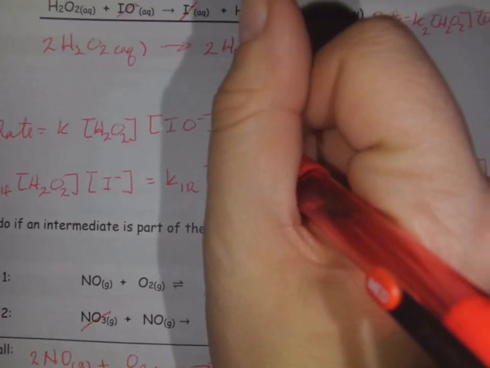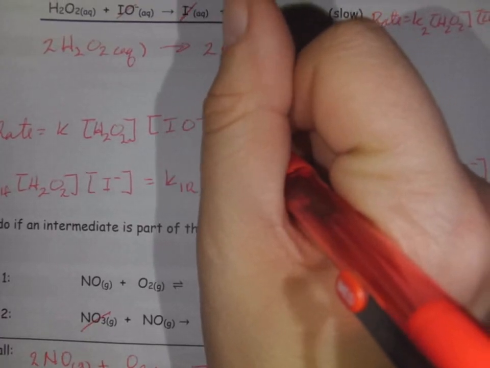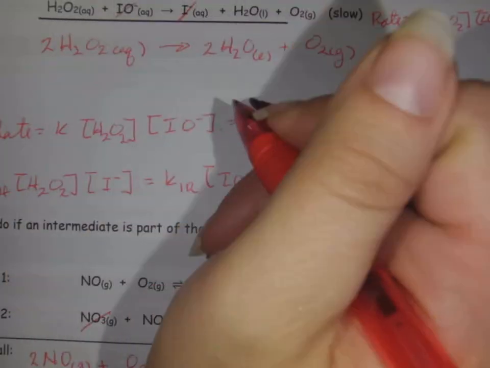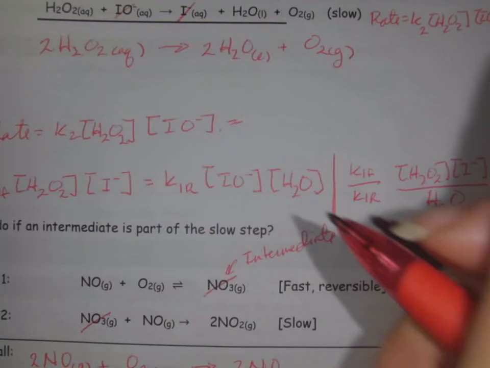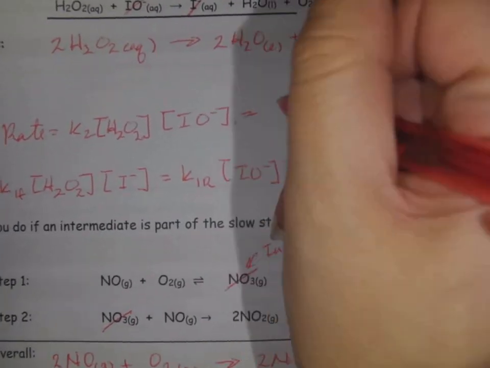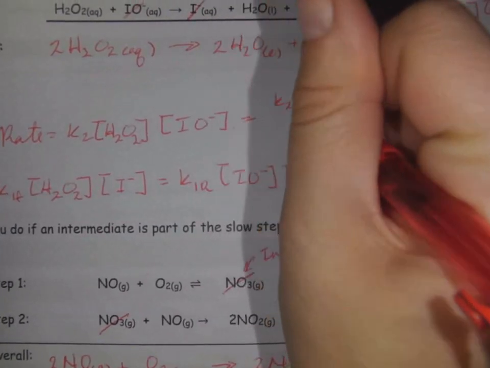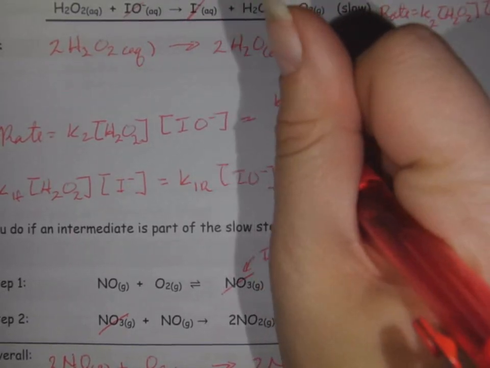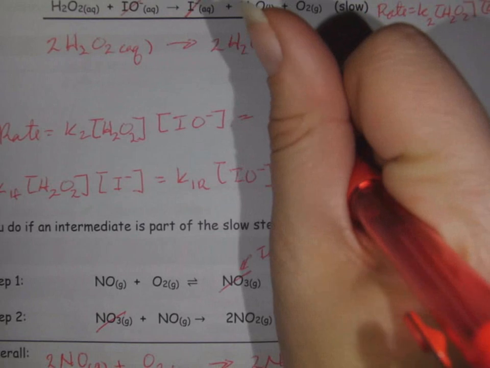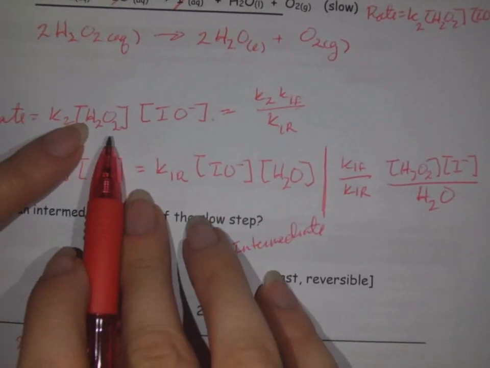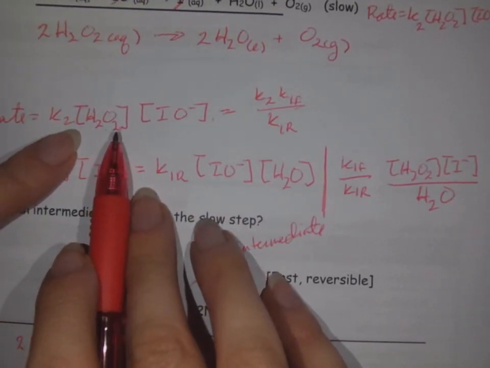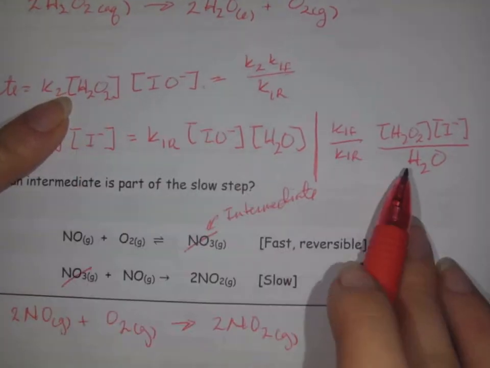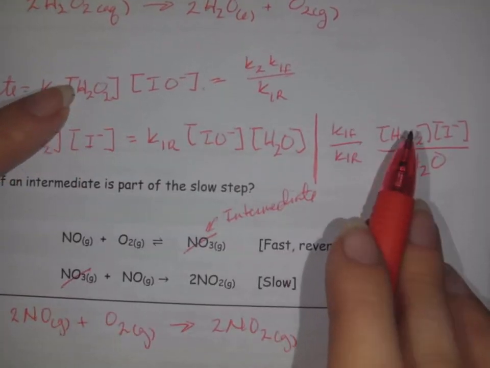And when I do that, here's what happens. The second step. All of the K's will combine, so we will have K2, K1 forward divided by K1 reverse. This one's still going to be there, and it's going to be multiplied by all of this. So how about I put these ones together?